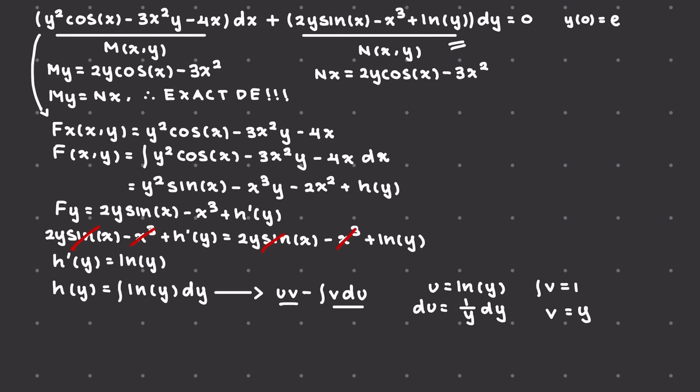And so let's substitute it back into this uv minus the integral of v du, where u is ln y, v is y, so that's just y times ln y minus the integration of v, which is y, times du, which is 1 over y dy, and this will just give us y times ln y minus y.